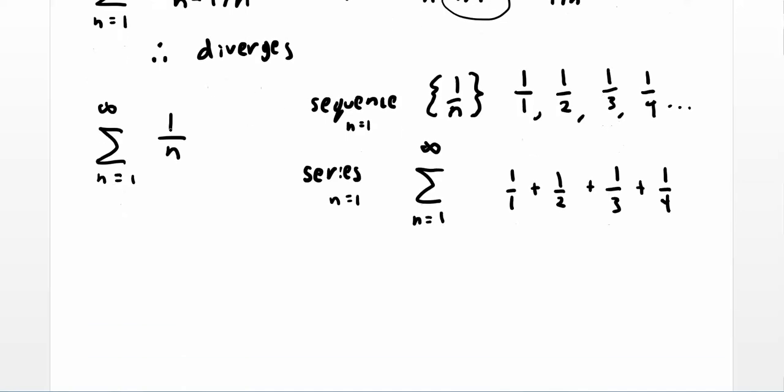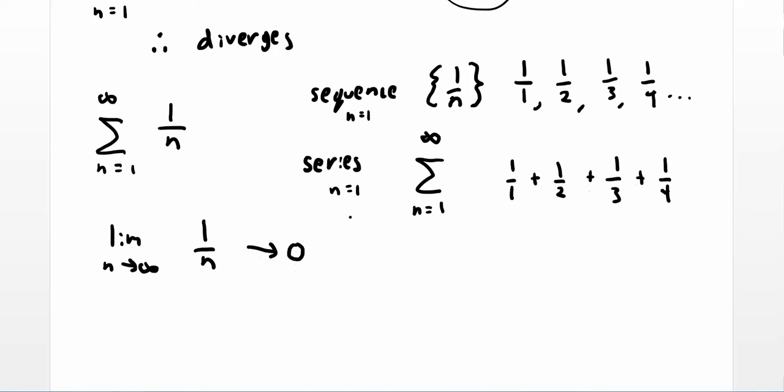Okay, so looking at this problem, if we try to take the limit as n goes to infinity of just the sequence portion of the problem, that should be obvious that this goes to 0, and therefore the divergence test is inconclusive.